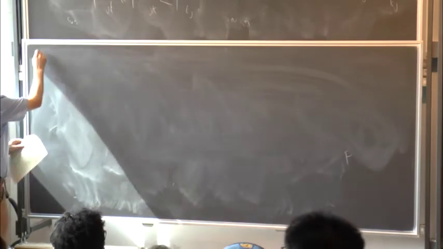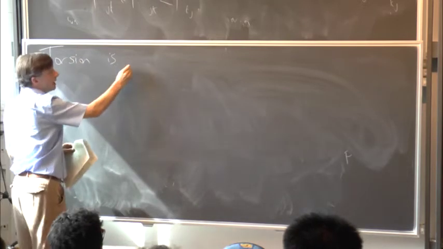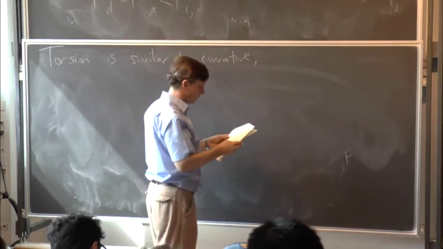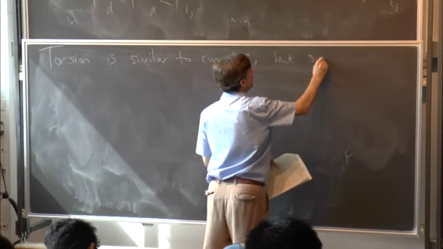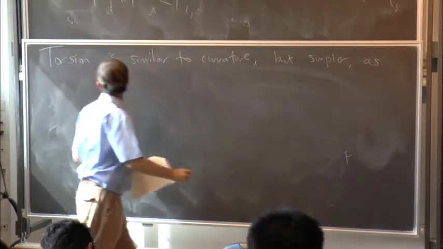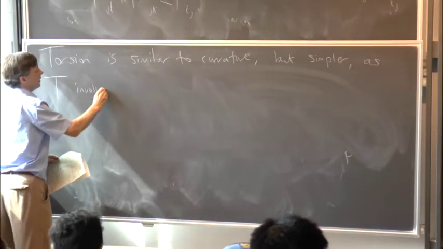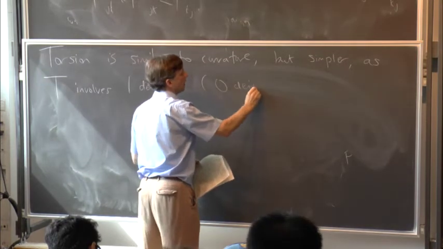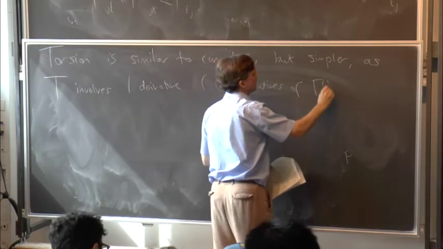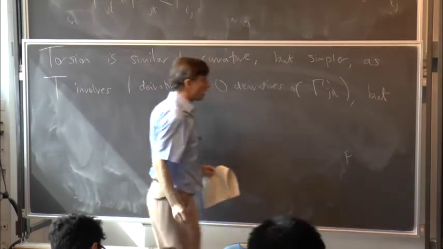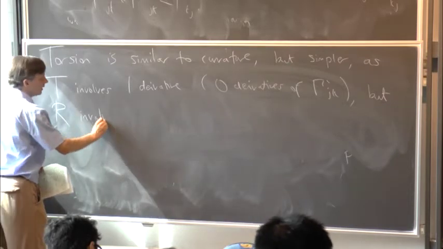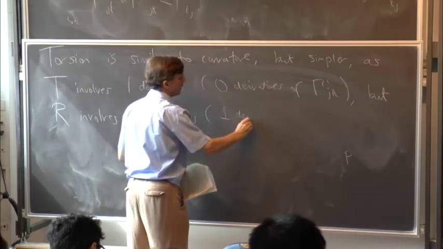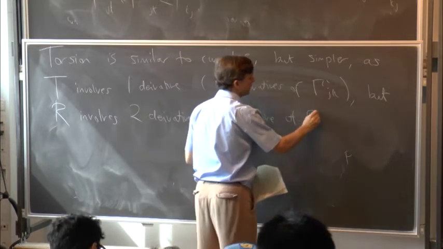Okay, well, so torsion is similar to curvature, but it's simpler because T involves only one derivative, and in fact no derivatives of the Gamma^i_jk, but the curvature R involves two derivatives and only one derivative of the Christoffel symbols Gamma^i_jk.